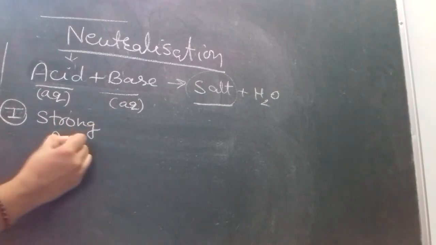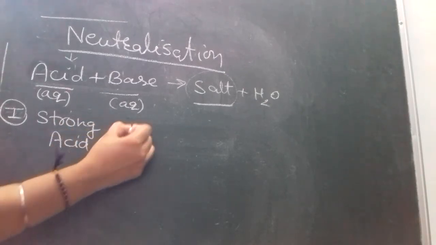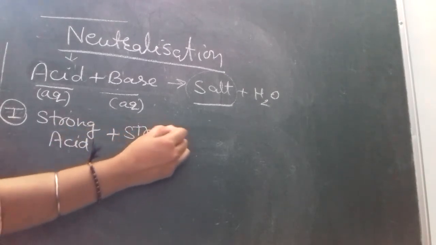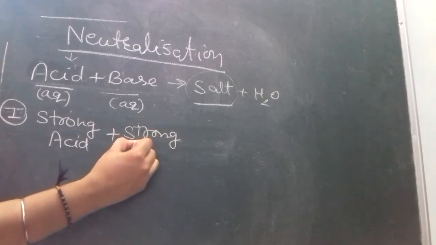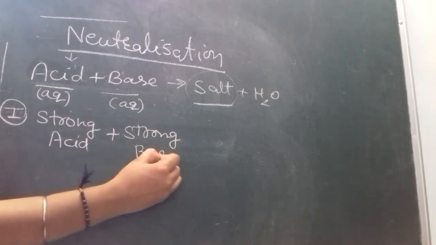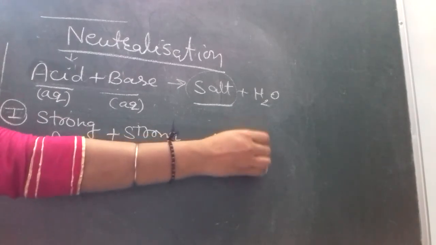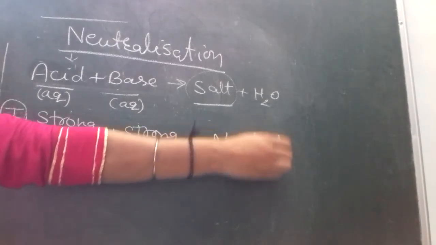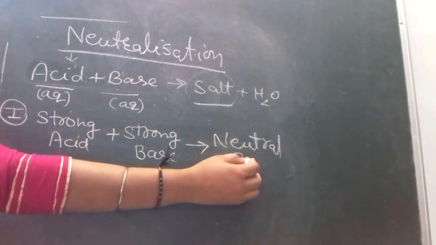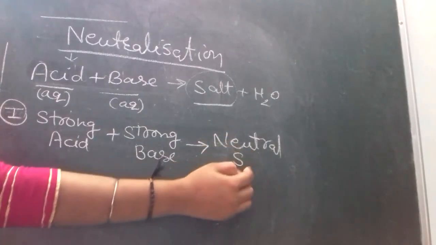If acid is strong and base is also strong, okay, so which type of salt will be formed? Both are strong, so the salt will be neutral. This salt will be neutral salt, means this salt is neither acidic nor basic.